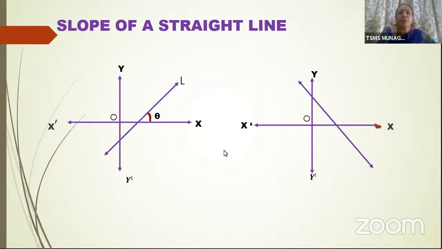Here you can see that the angle is not just acute, but it can also be an obtuse angle. The angle made with the x-axis in the positive direction is called the inclination, and if you calculate tan of theta, we get what is called the slope.